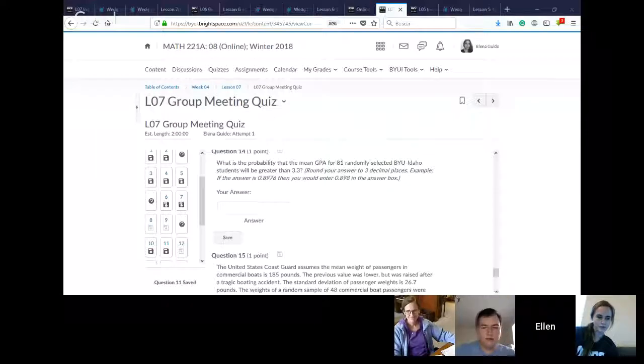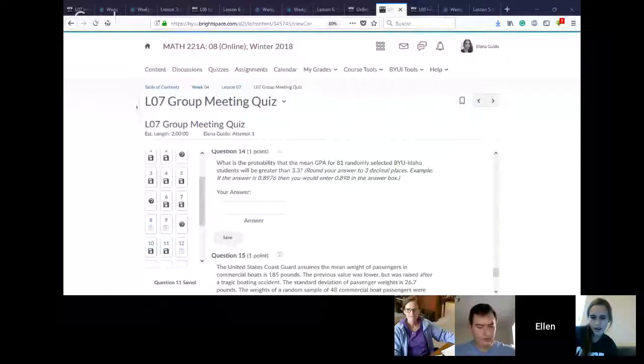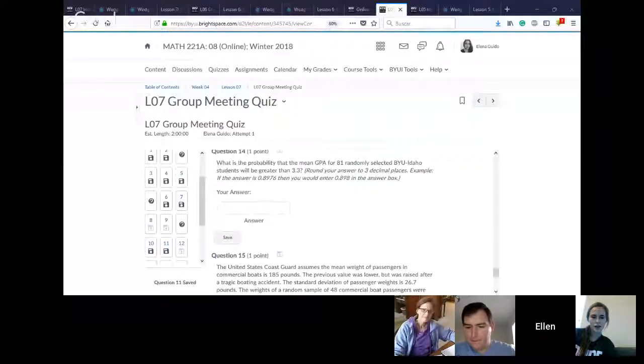Can you please just remind me how the probability works? Like when they ask for the probability, you use the applet to calculate that, right? The area in the applet that you choose. Oh yeah, thanks.